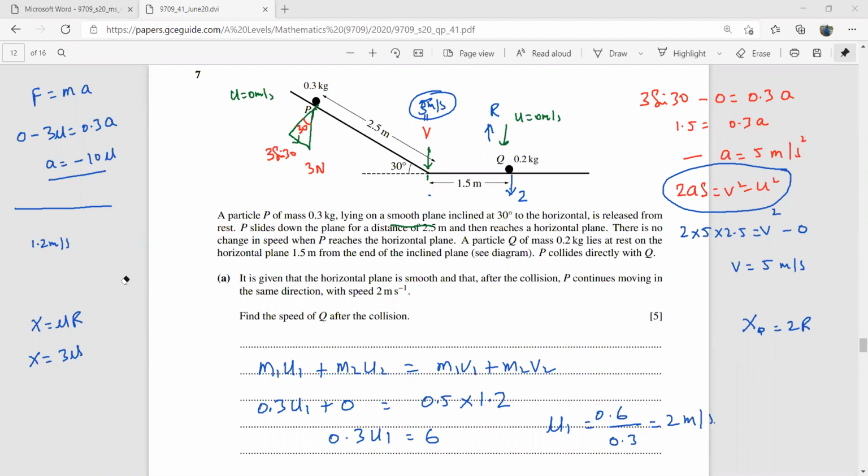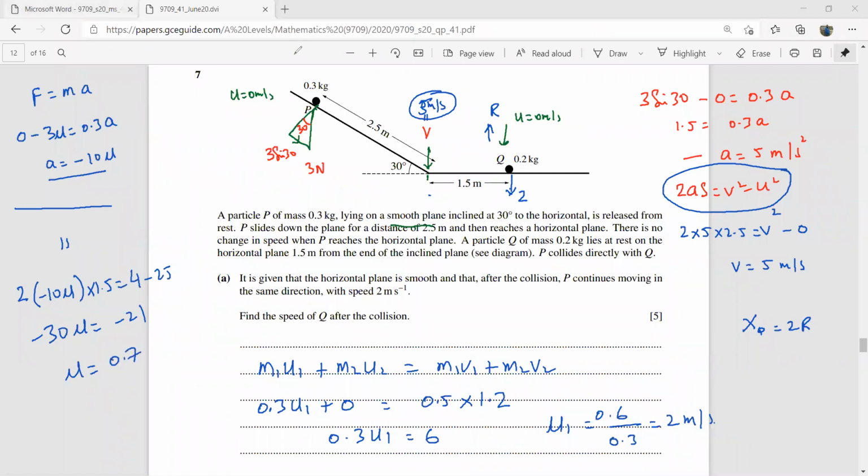Should I say that 2 into a, which is minus 10 mu, into the distance, which is 1.5, equals v squared minus u squared, that is 4 minus 25, that is minus 21. So you have minus 30 mu equals minus 21. So your mu is going to be 0.7.